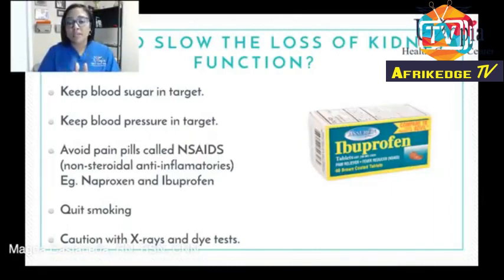So quit smoking. If you're a smoker, you got to quit smoking. This is going to help you slow down the loss of the kidney function. And then be very careful with the x-rays and dye tests, the contrast. If you are going to have a test done and you need the contrast and you have been told that you have kidney disease, you have to make them aware.